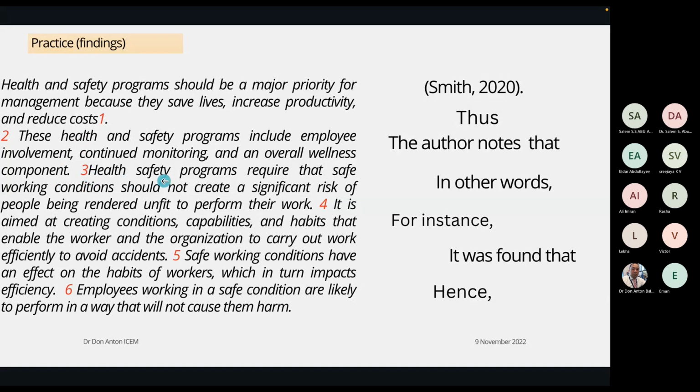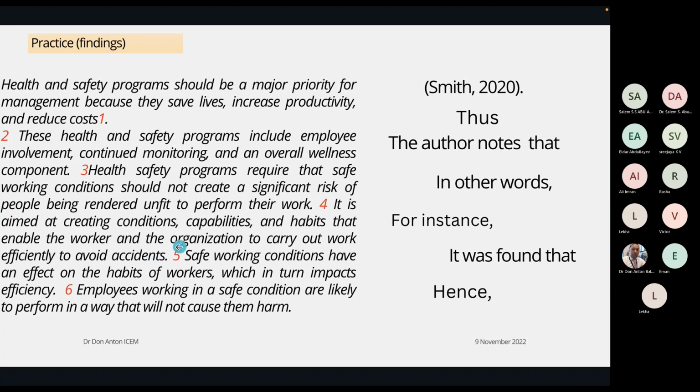And number 3, "health safety programs require that": you can say "the author notes," because there's already a long interval since the citation. Number 4, "it is aimed at": you can say "in other words," now it's your explanation. And number 5, "it was found that." And the last, number 6, could be "hence" or "thus."